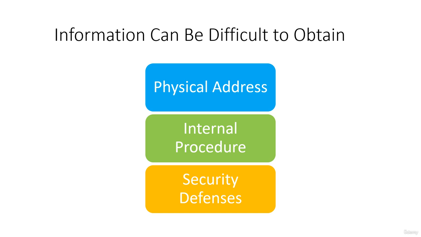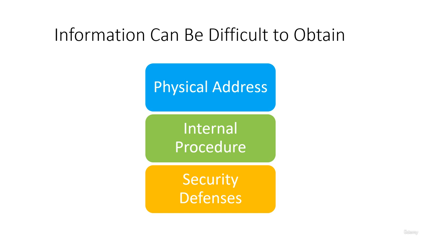Now this might be something which we could refer to as security through obscurity. So let's just tell them where the data center is, and that might reduce the risk of assigning it. But be that as it may, this is the way some cloud providers choose to operate, and this is a piece of information that can be difficult to obtain.